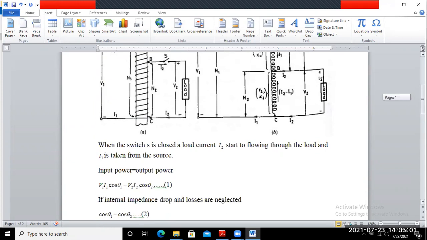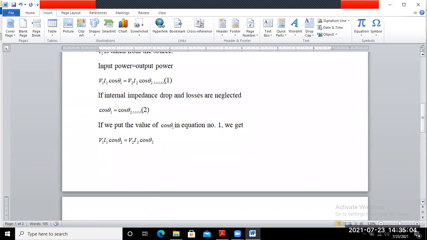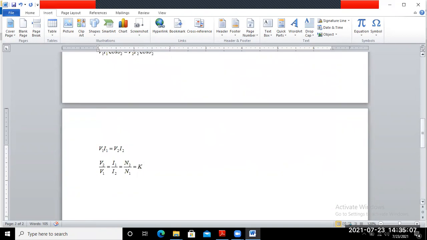So what is the MMF of winding AB? MMF is equal to number of turns into current.